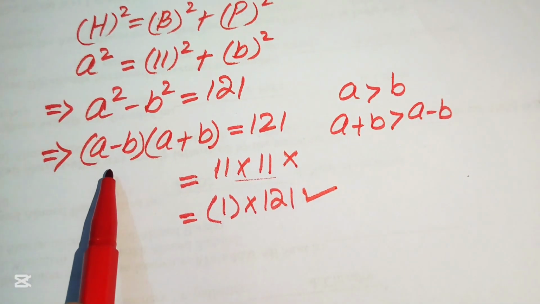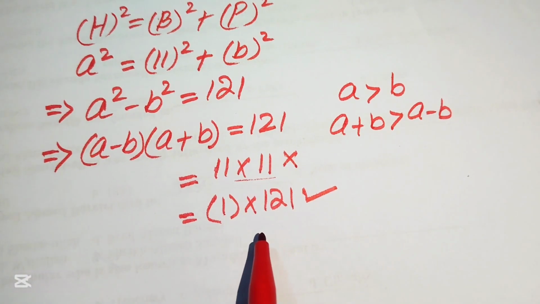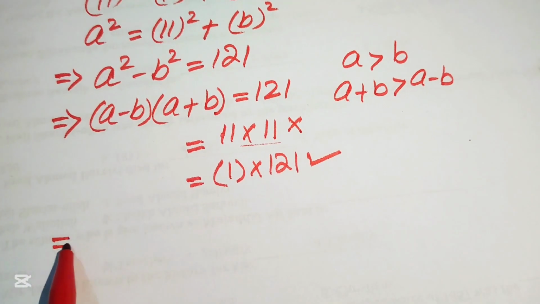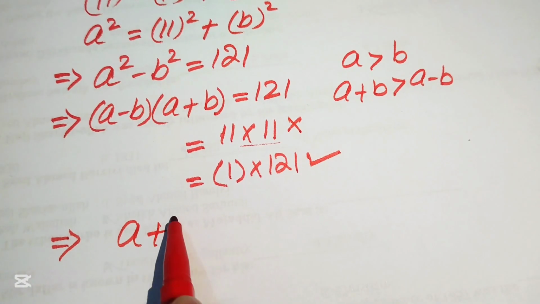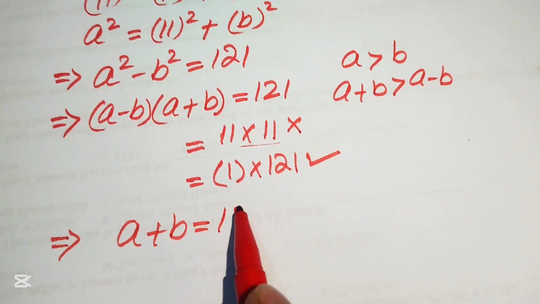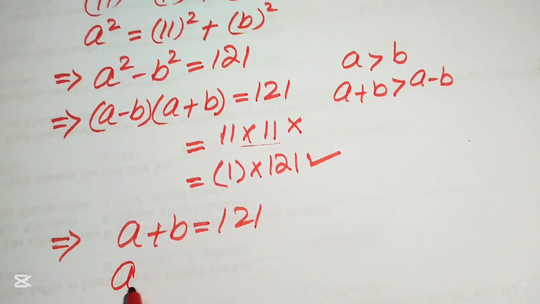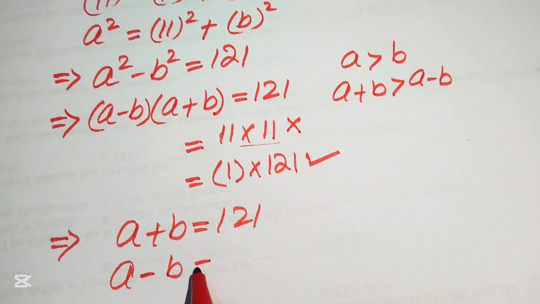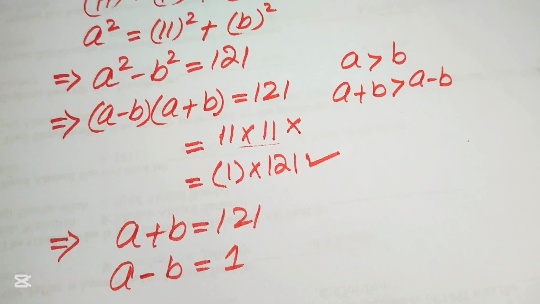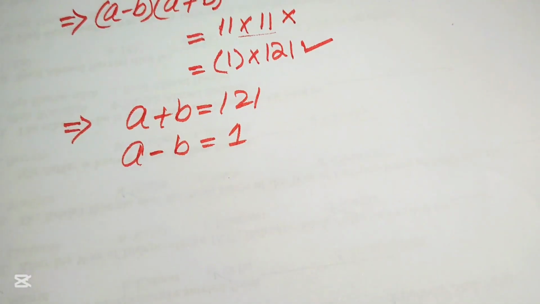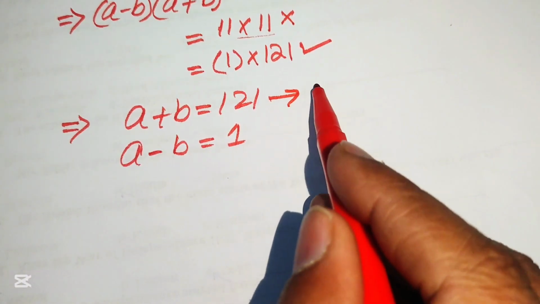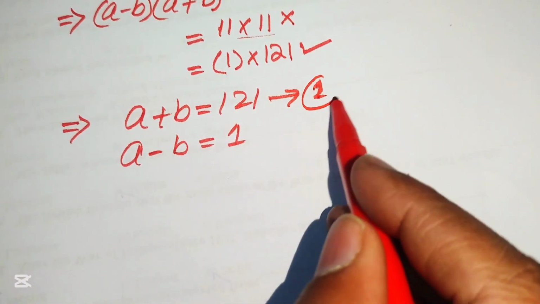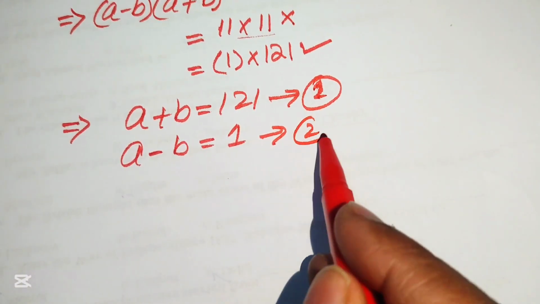Now we compare the left hand side with these two numbers, and we easily get A plus B equals 121 and A minus B equals 1. Now we need to solve these two linear equations, and we easily get the values of A and B. This is our equation number 1 and this is our equation number 2.